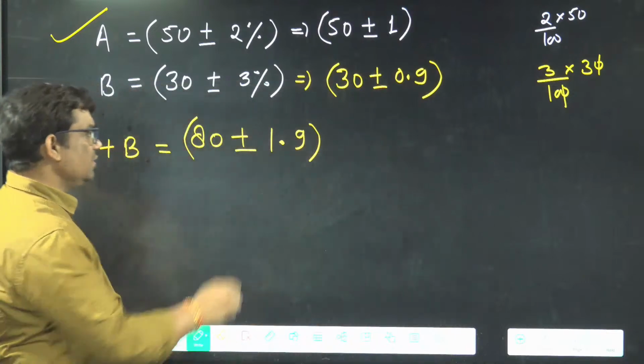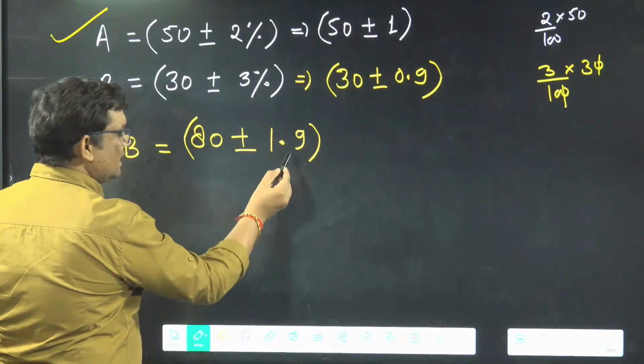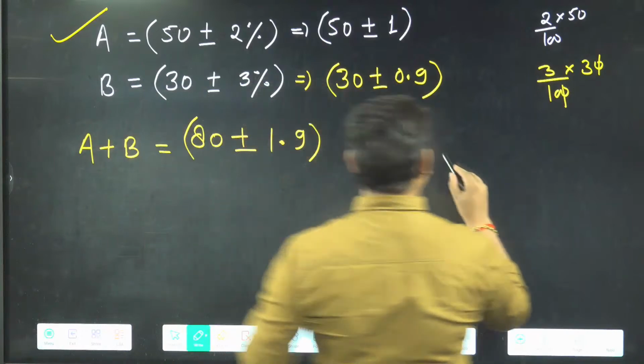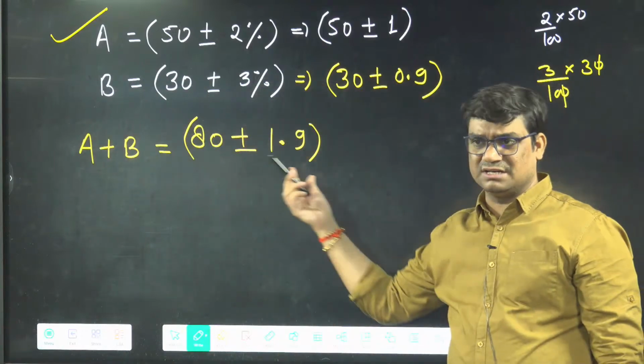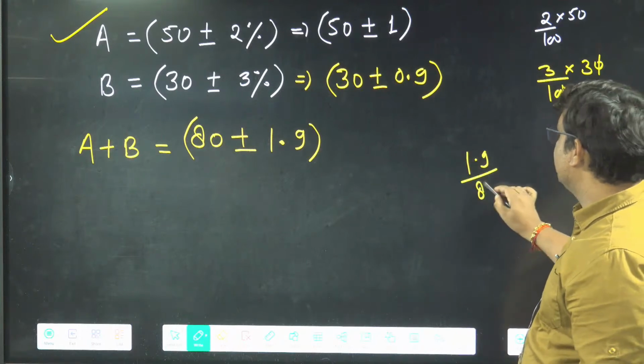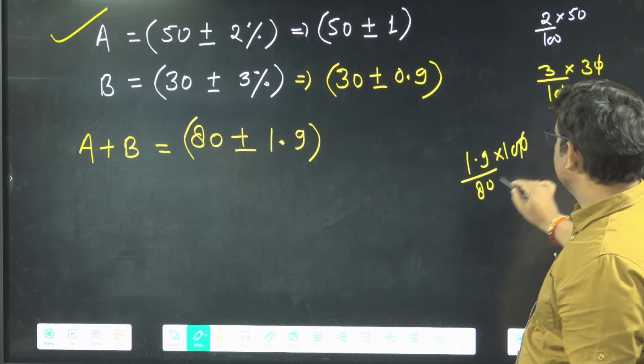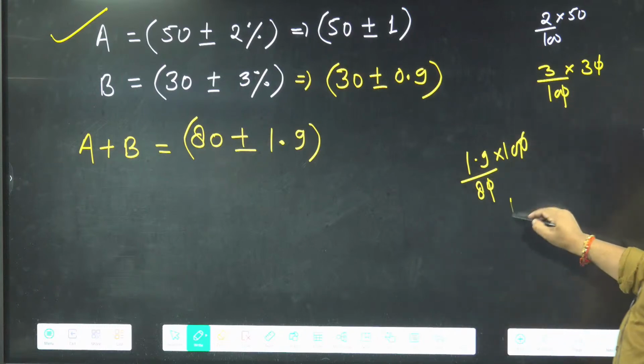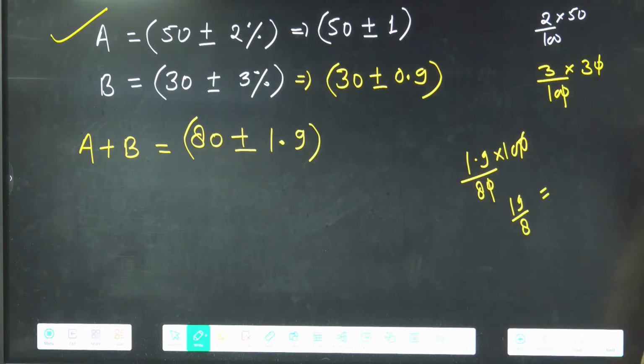So what we can do here, listen, you have to convert this again into percentage. This is A plus minus delta A. Percentage error we can write like this: 1.9 divided by 80 into 100. The 10s cancel, and that is 19 by 8. And 19 by 8 will be how much?